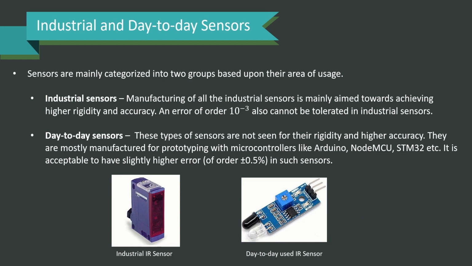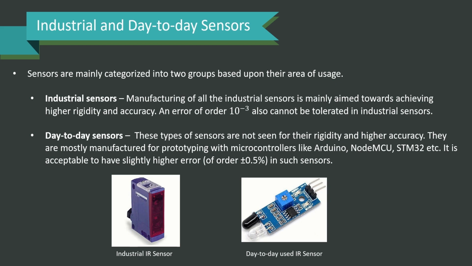Industrial and day-to-day sensors. What can be classified as an industrial sensor? What could be classified as a simple day-to-day sensor? Industrial sensors are very simple, yet they are perfect and powerful. Manufacturing all the industrial sensors is mainly aimed towards achieving higher rigidity and accuracy.